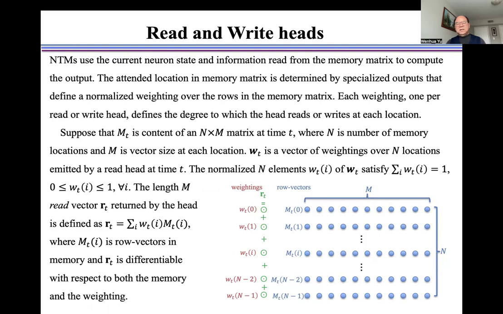The normalized N elements w_t(i) of w_t satisfy the summation equal to 1. The length M read vector r_t retained by the head is defined as the sum of w_t(i) times M_t(i), as shown here, where M_t(i) are the raw vectors in memory, and r_t is differentiable with respect to the memory and the weighting.